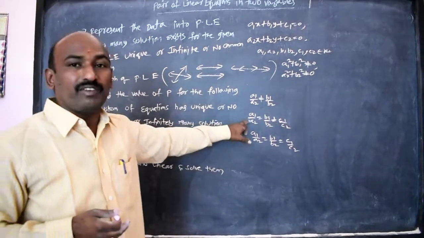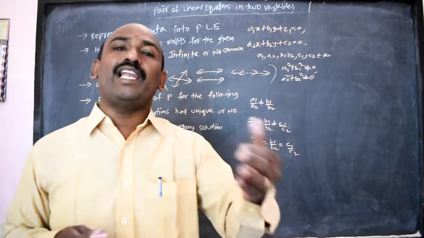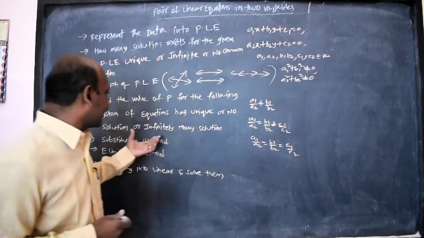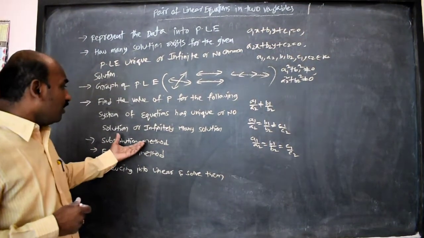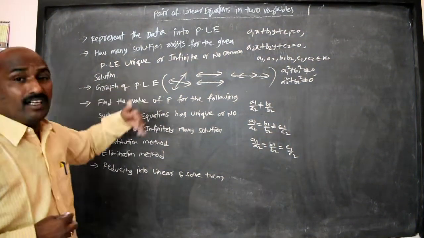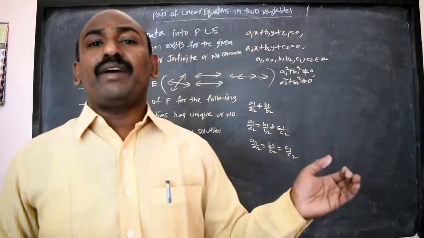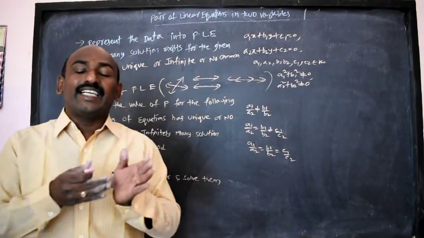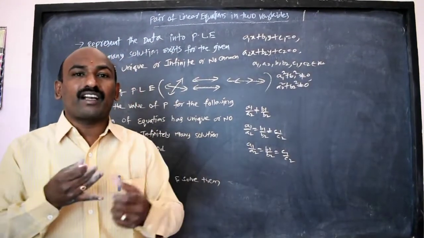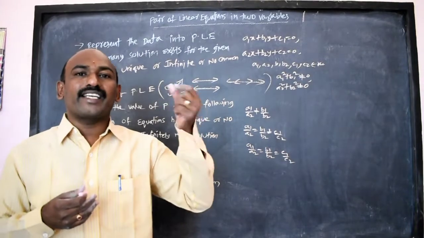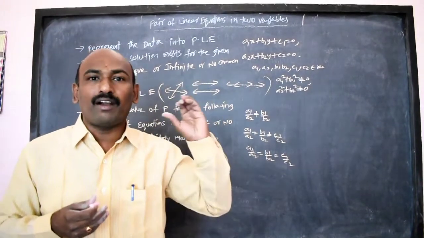Based on this condition we substitute the values and get the p or k value. After that, a pair of linear equations is not always possible to solve by the graphical method. Why? Because sometimes we get irrational numbers or decimals, which are difficult to plot on graph paper.